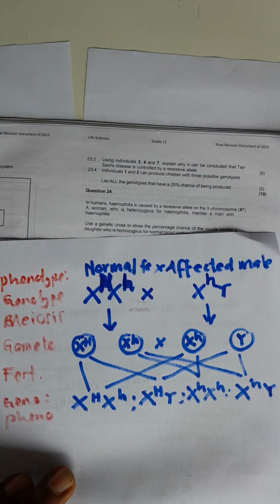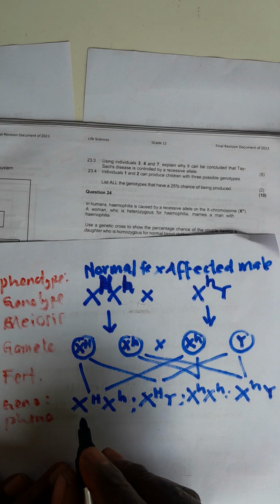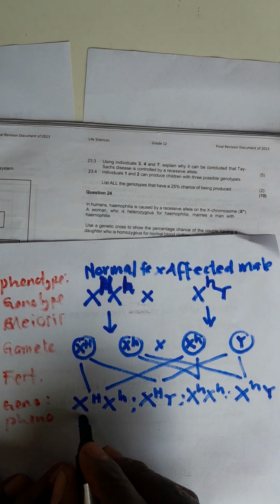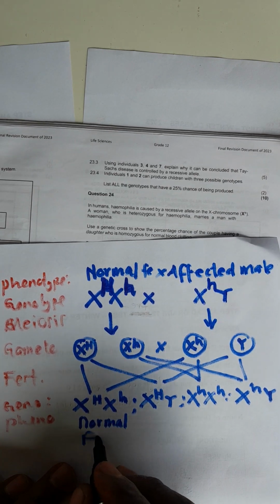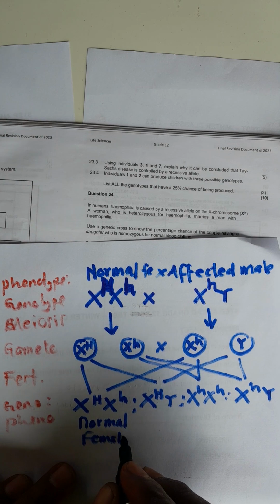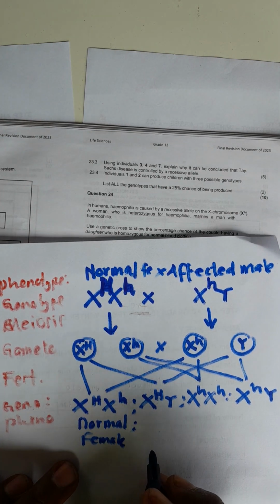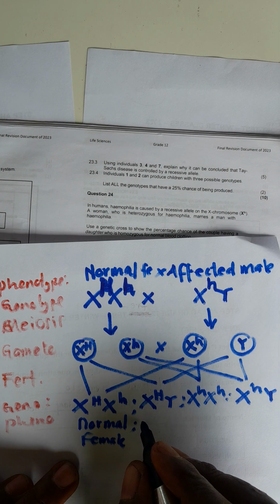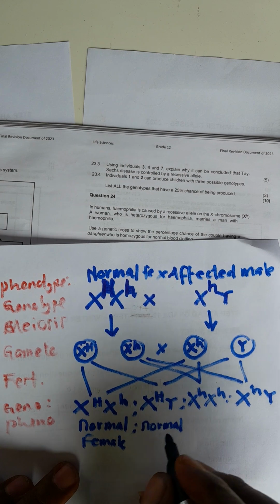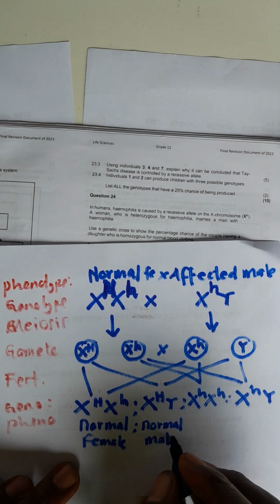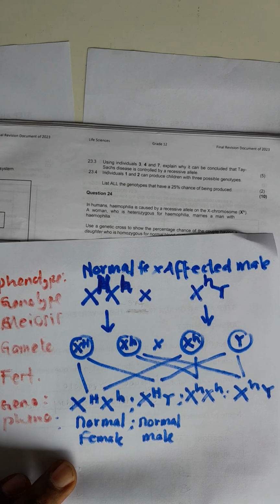Clear? So let's look at the phenotype. You can see that this female is normal because there's a dominant allele. So we're going to say normal female. Right? What about this one? This one is going to be normal male. Remember, when you are giving the phenotype, it should accompany the gender.